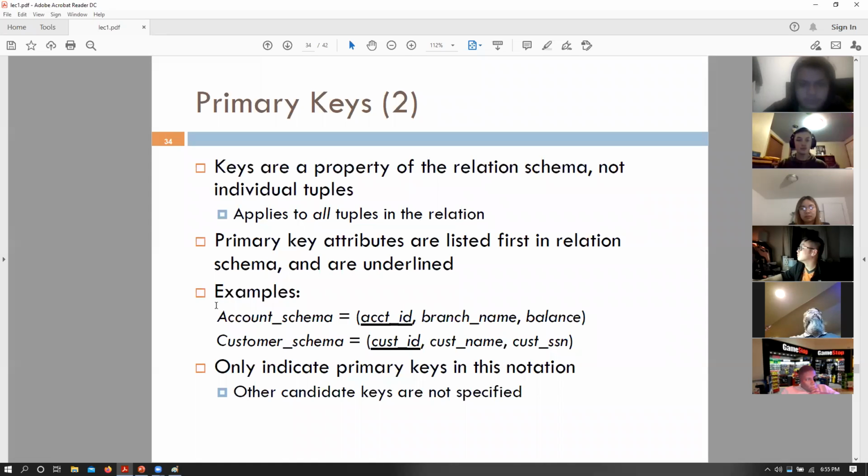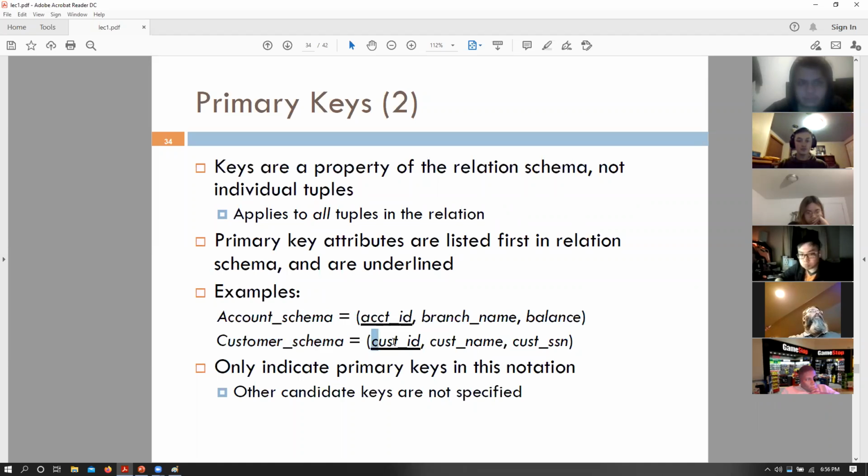Okay, so when we are talking about schemas or databases, primary keys are usually underlined when we are formulating our schemas. So account schema would have three attributes: account ID, branch name, and balance. And then account ID would basically be the primary key, that is the one that is underlined.